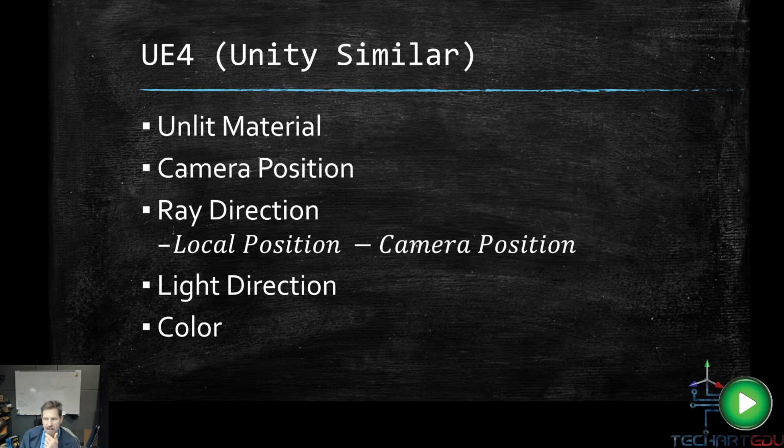Now remember what I said earlier, we needed a bunch of things from the system in order to get this working. Now we needed the object or the local position. So basically, for every pixel that's being rendered here, we need its local position. And we need its camera position. And then when we subtract the local position from the camera position, we get the ray direction.